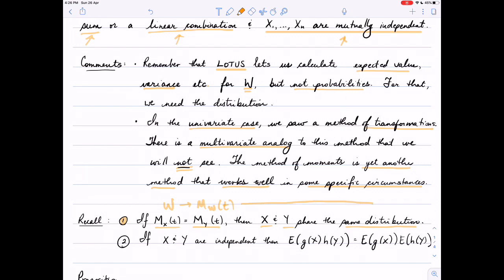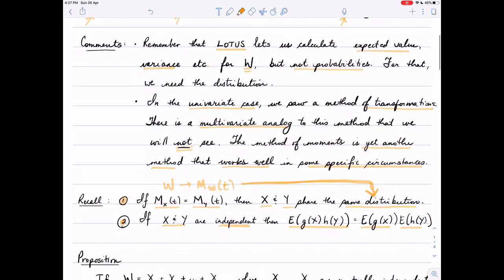And if we recognize it, then we know the distribution that w must have. And secondly, we had this result about independent random variables x and y, that the expected value of a product of functions, g of x, h of y, is the product of the expected values. So we're going to use both of these results here to figure out the distribution for a transformation of random variables in some very specific cases.